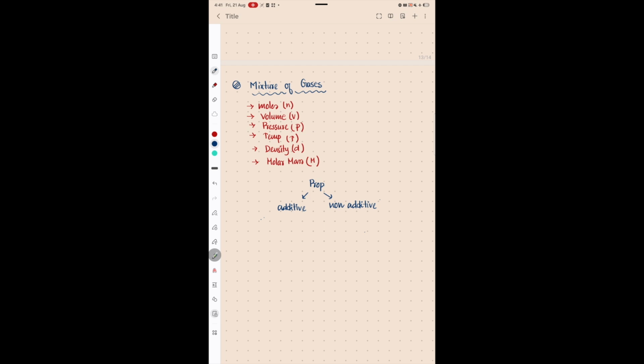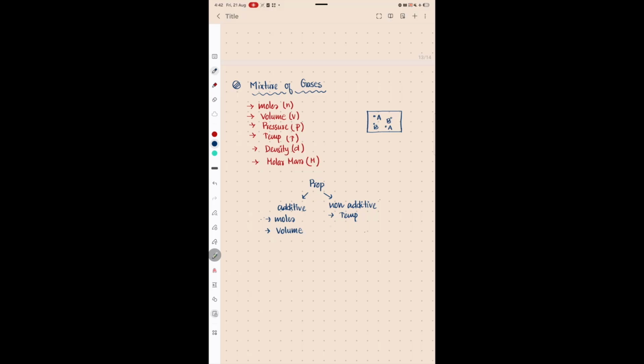Additive properties are the properties that you can simply determine by addition. Like moles. Let's say you have gas A mixed with gas B. Now in the final state, the total moles will be moles of A plus moles of B. So moles is an additive property. Similarly, volume is also an additive property. Non-additive properties are like temperature.